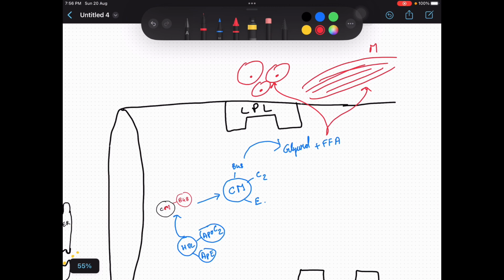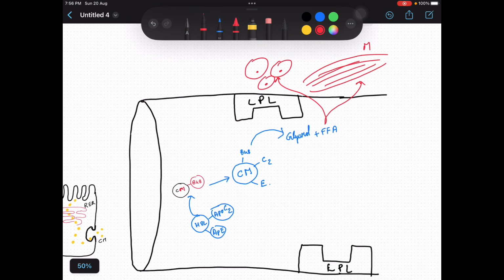Two pathways it can enter, or it can enter back into the liver where it will be used for synthesizing bile.